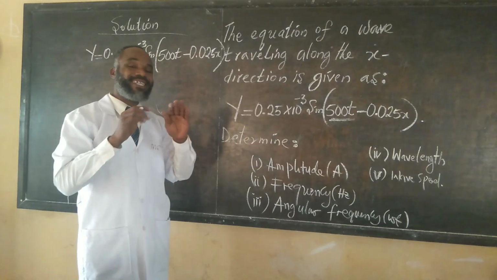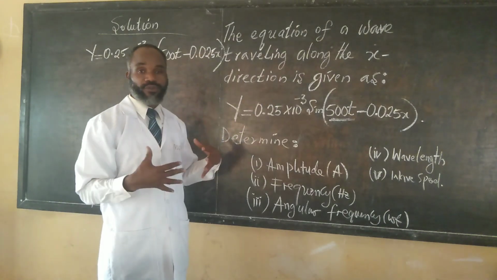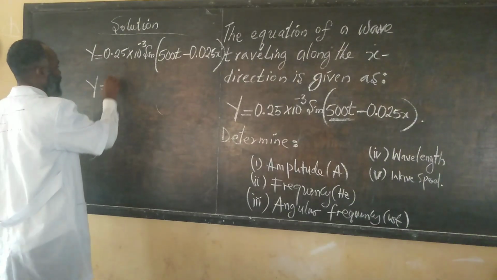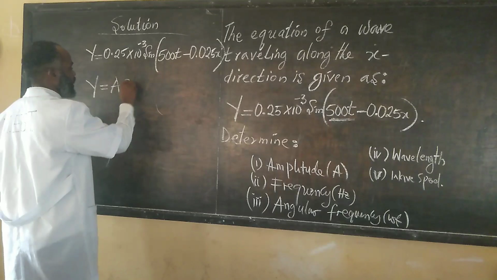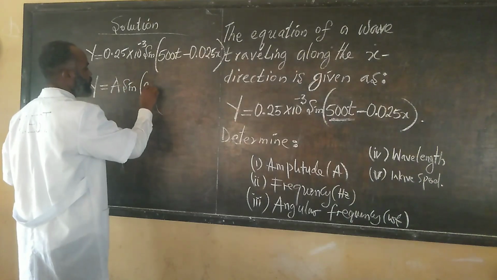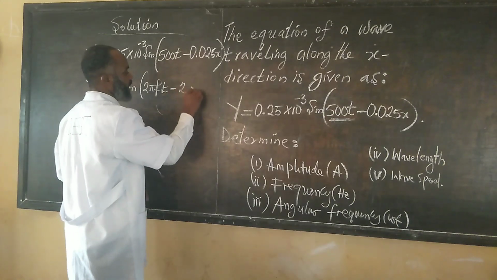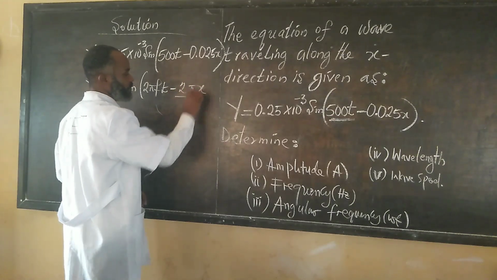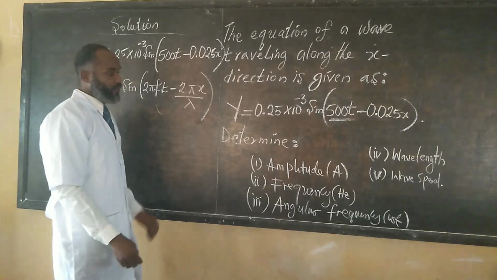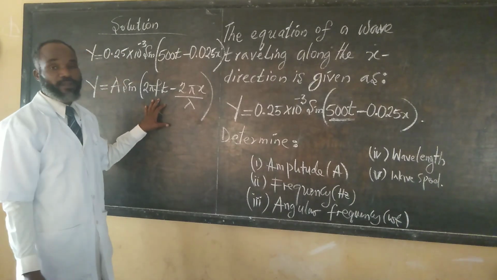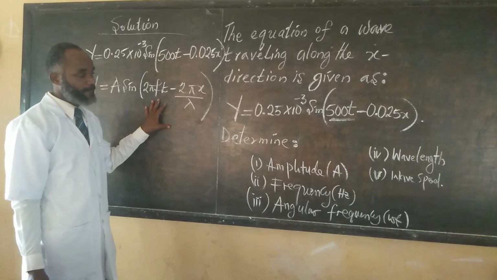Now we need to state the general equation that we're going to use to solve this, and that is given as y is equal to A sine, bracket open, 2 pi ft minus 2 pi x all over wavelength, bracket close. This is exactly the full representation of a plane wave profile.